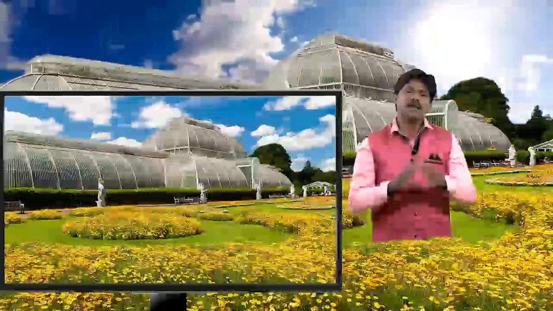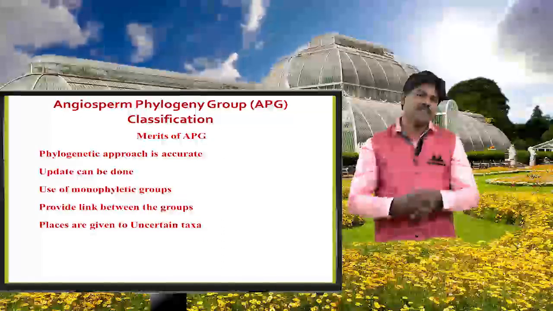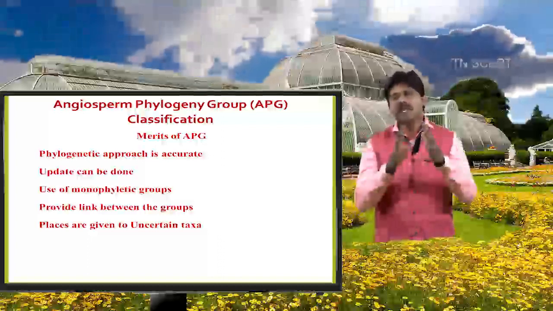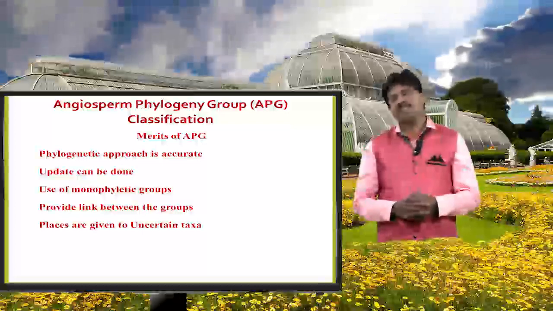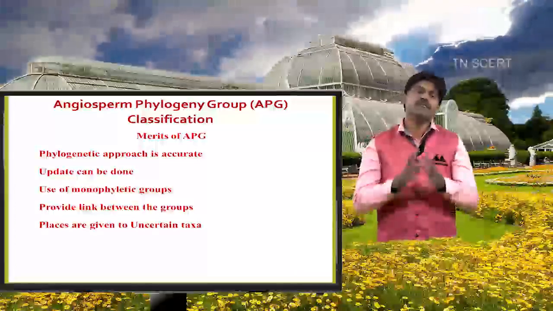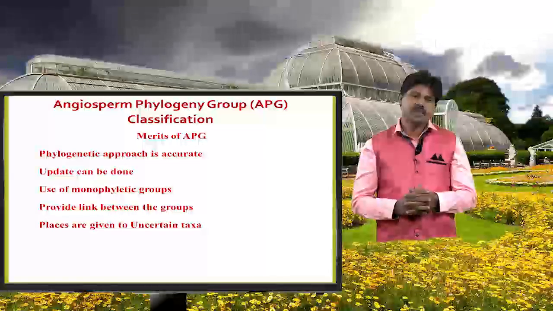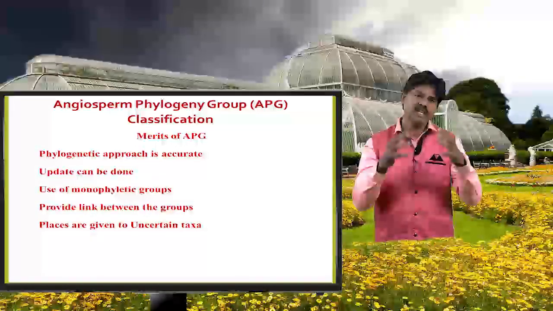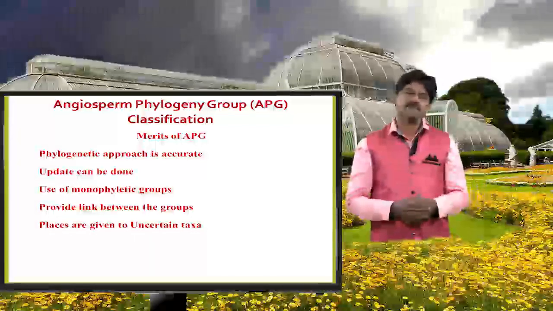Okay. What are the merits of APG? APG is a phylogenetic classification, so we can identify the evolutionary order. Then many uncertain families are placed in this APG, which is another interesting merit of APG. It is based on monophyly. So there is a link between many groups. From the link, we can understand the relationship between the plants.